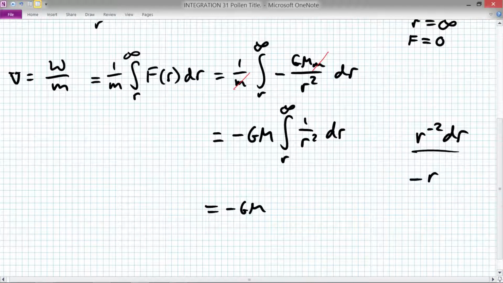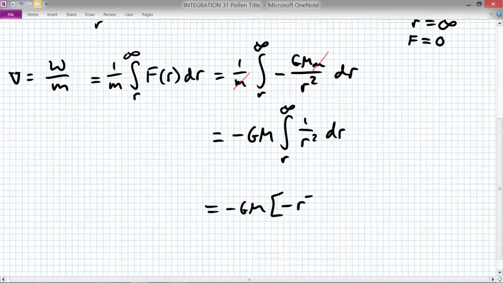So I'm going to raise it to minus 1 and then multiply by minus 1. So that will give me minus r to the minus 1 between r and infinity. I hope you've seen this notation. So my square brackets now is my integrated function, and I'm going to set the limits of r to infinity.